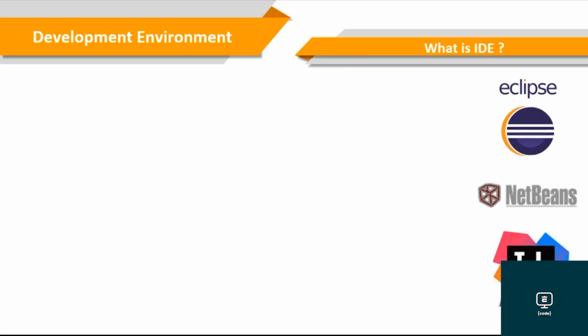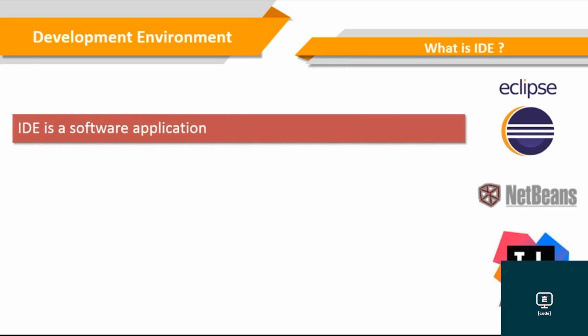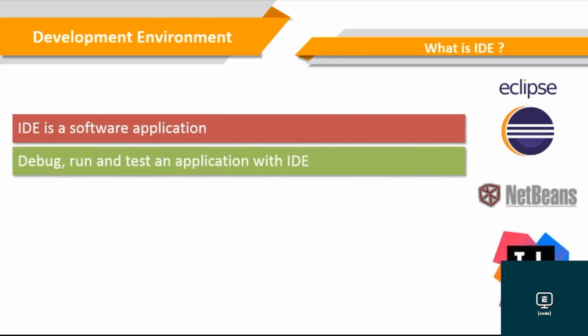So let's take a close look at what is the Integrated Development Environment, or better known as IDE. So IDE is a software application that combines all of the features and tools needed by you, the software developer. A developer may debug, run, and test applications with IDE because it provides a useful debugging and testing feature set.